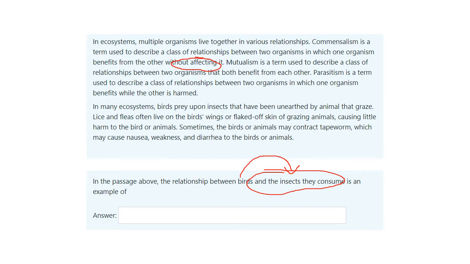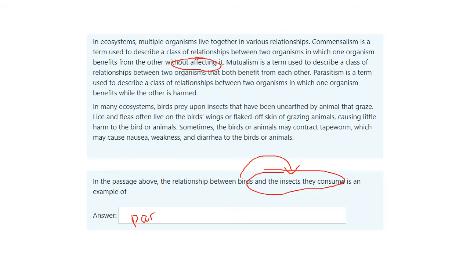Parasitism is a term used to describe a class of relationship between two organisms in which one organism benefits, the other is harmed. While the bird is benefiting, the insect is being harmed. So, yeah, according to this passage, the best answer is parasitism.